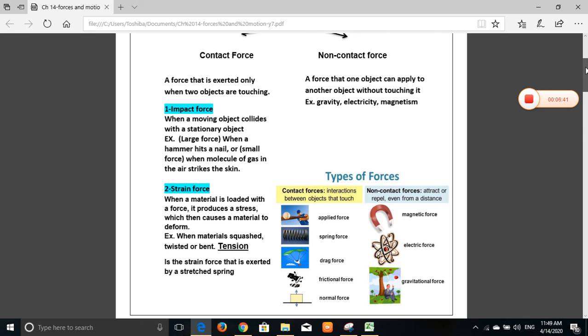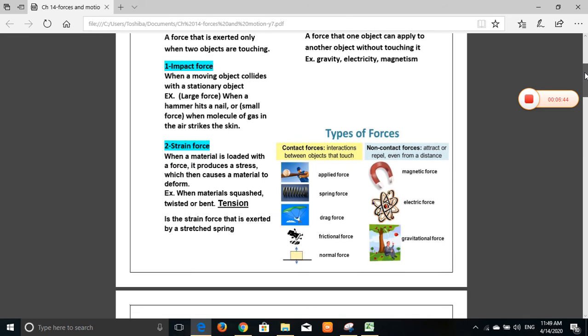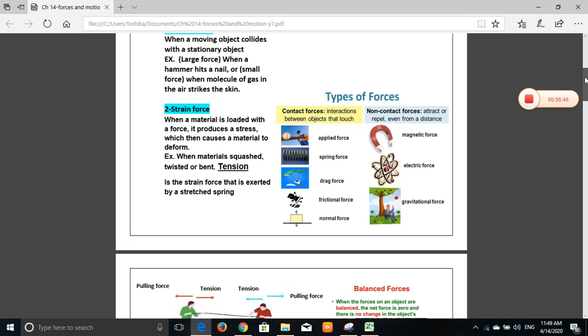What about the other form of contact force? Strain force, or spring force. Yes, I can say spring force. Strain force: when a material is loaded with a force, it produces a stress, which then causes the material to deform.